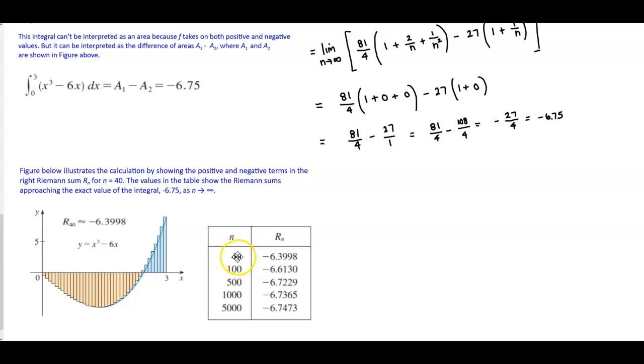So as n goes from 40 to 100, 500, 1,000 to 5,000, you can see that it's approaching negative 6.75. And here, by taking the limit, we end up getting negative 6.75. When we get to the next section, 5.3, we'll see a much simpler method to do this.